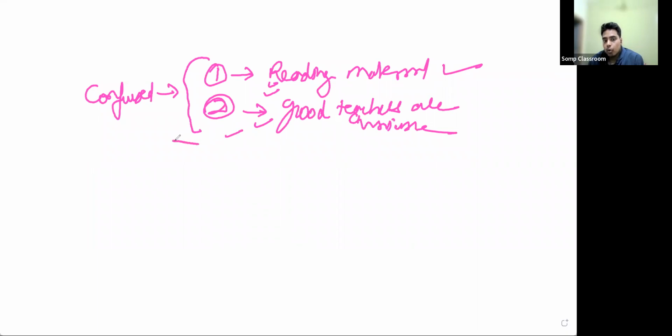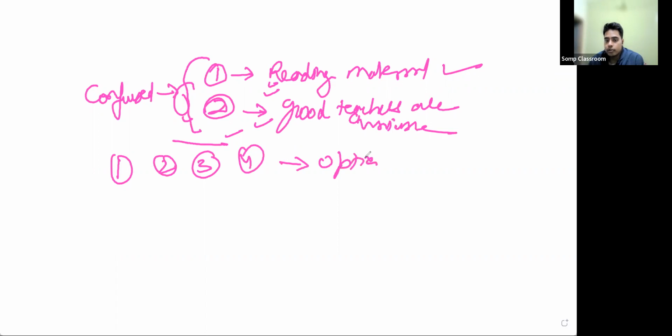Okay. So generally after these two things, you will end up in a category where you will be having 1, 2, 3, or maybe 4 optional interests. I will say interests, not optionals. So you can choose any of them.